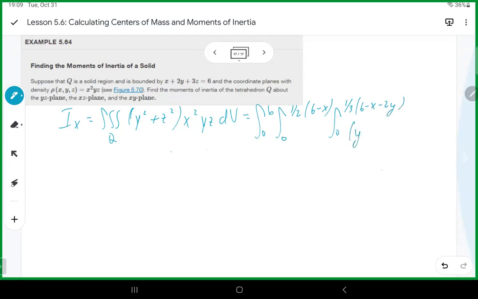And then y squared plus z squared times x squared yz, dz dy dx, will give you 117 over 35.